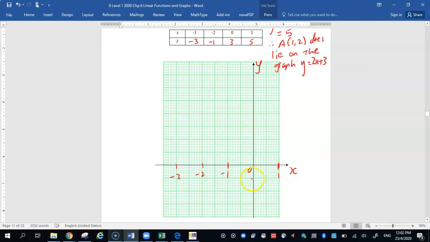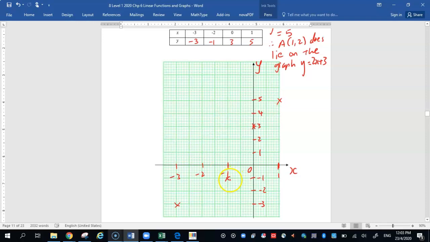So you have -1, -2, -3, 1, 2, 3, 4, 5. Then you may label your points: -3, -3, -2, -1, 0, 3, 1, 5. Now we are good to draw a straight line.